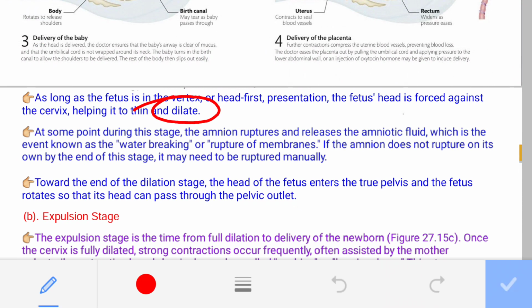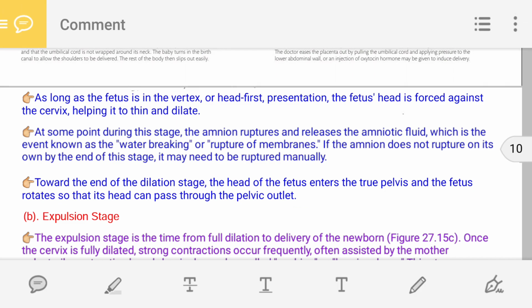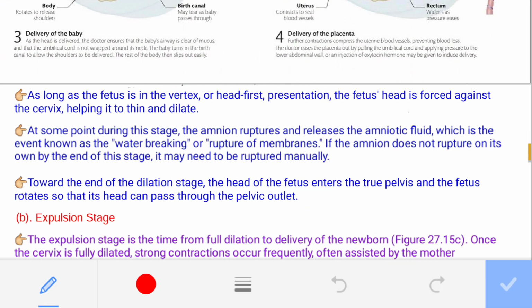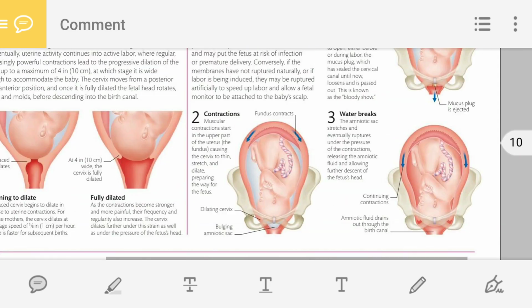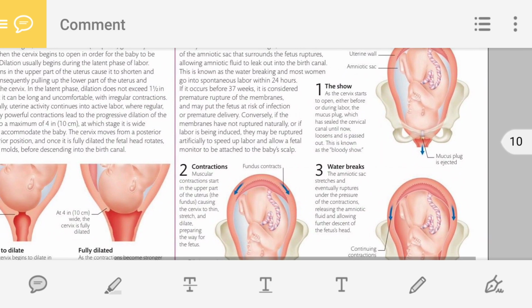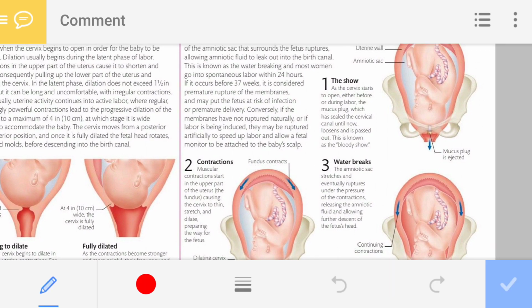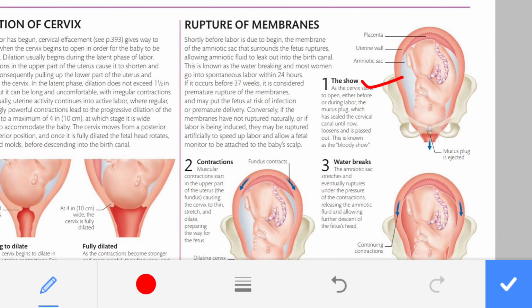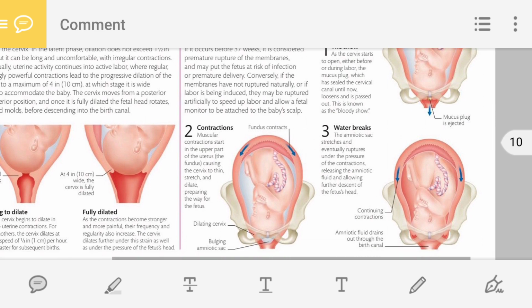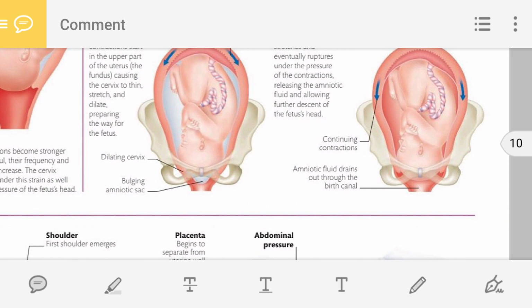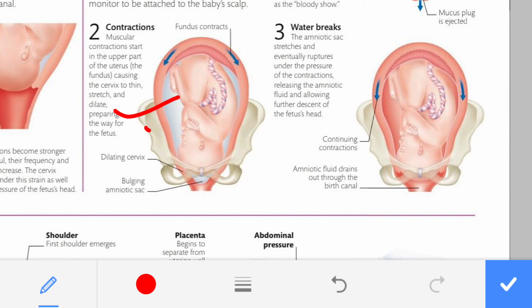cervix is also dilating. Now another point, this point, water breaking or the rupture of the membrane. So here, as you can see in the figure, I will show you this. This one is the amniotic sac, and we know in the amniotic sac there is the amniotic fluid. Over here this is the amniotic sac, and now in this figure you can see the water break.